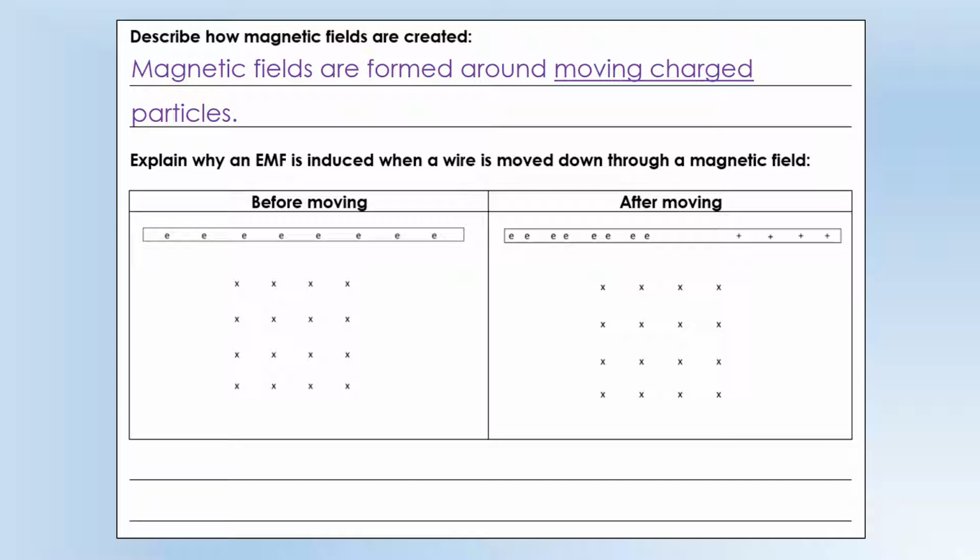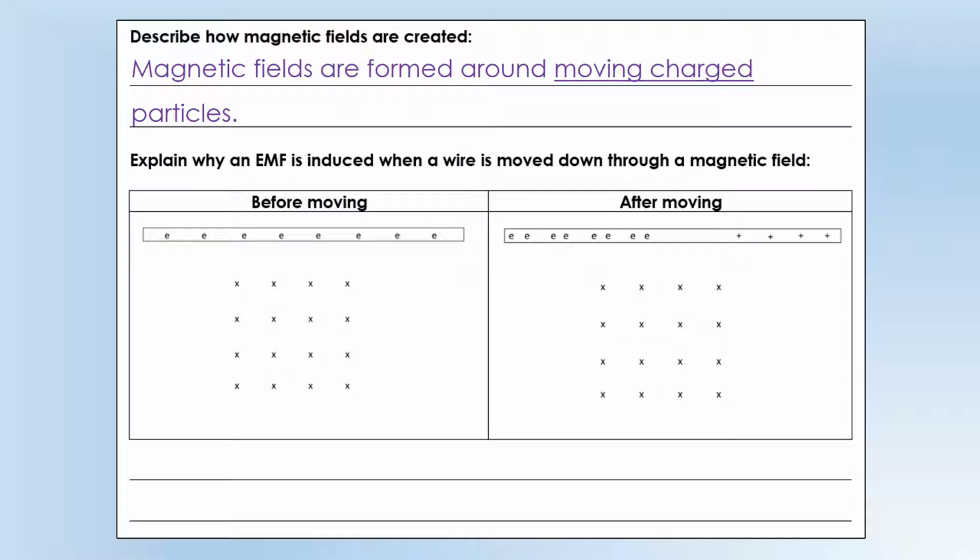So what we're going to look at is inducing an EMF in a conductor. You can see on this diagram, we've got a wire going across here. Before it's moving, the free charges inside your wire are stationary. Therefore, they don't have a magnetic field, so nothing is going to happen because they can't interact with this magnetic field here.